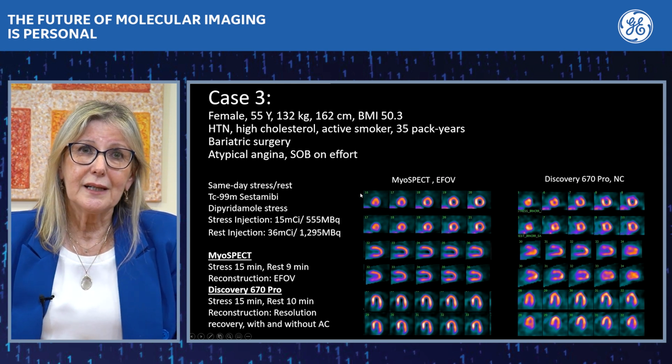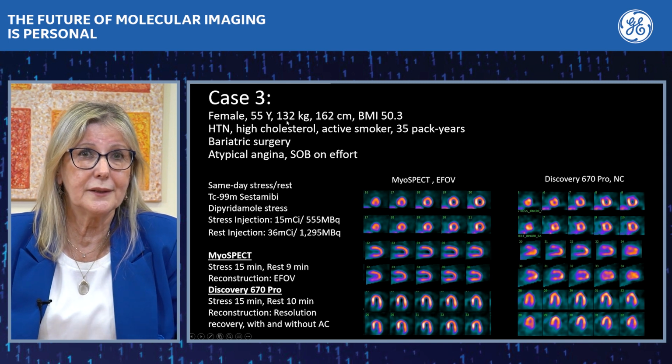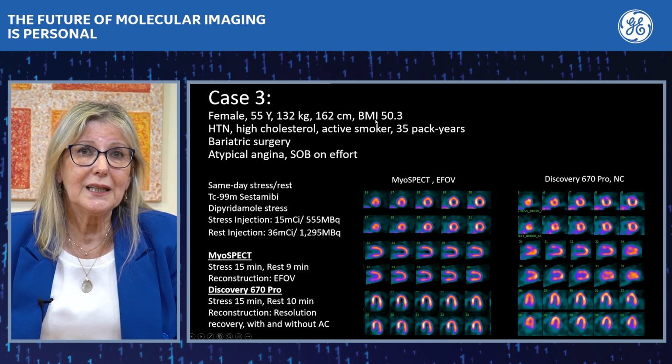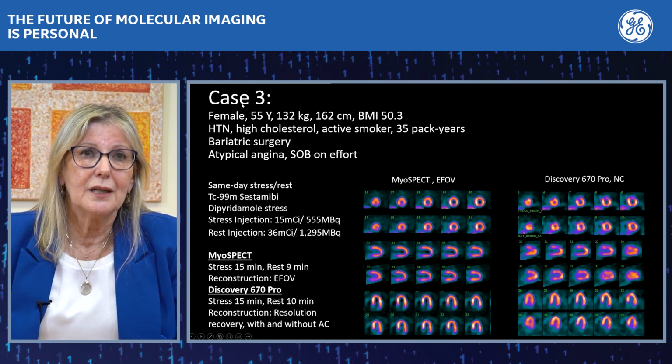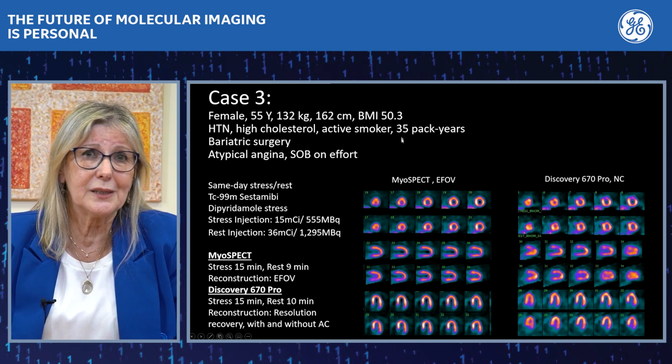So the third case is a female, 55 years old, weighing 132 kilograms, with a BMI of 50.3. She suffers from hypertension, high cholesterol. She's an active smoker with 35 pack years.